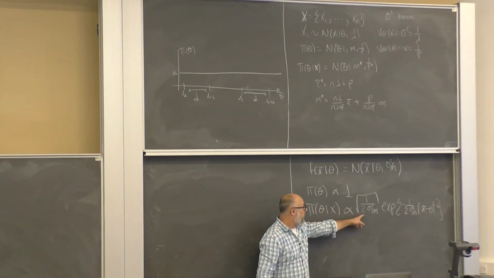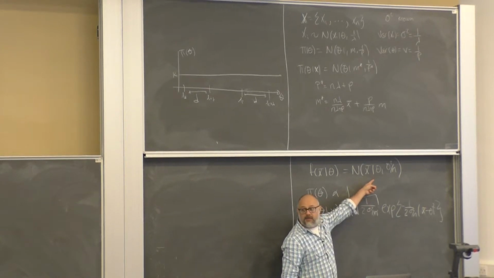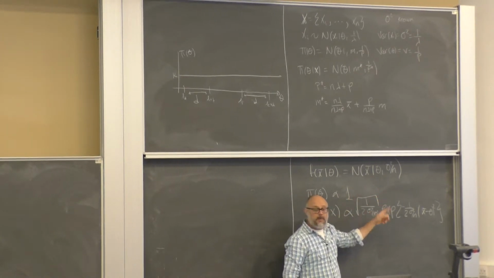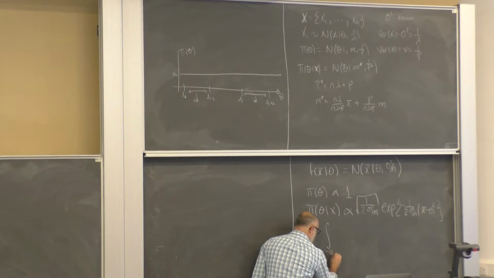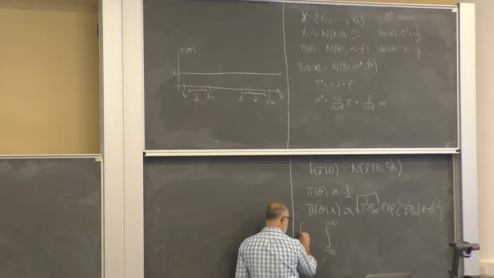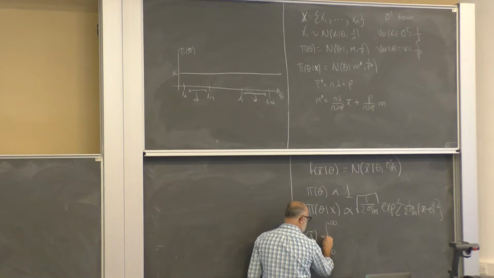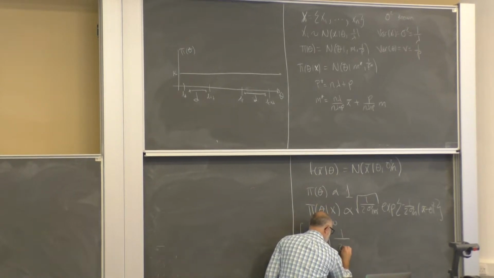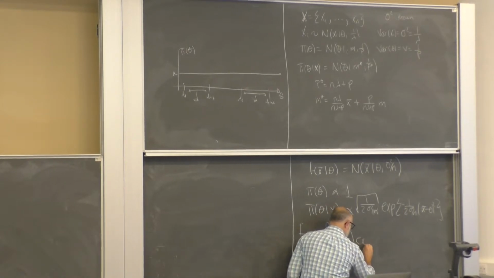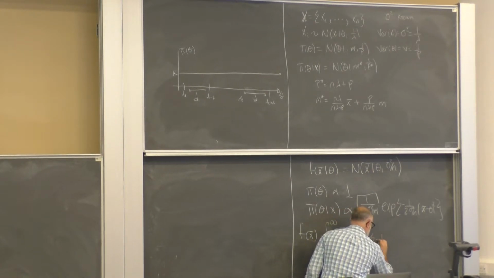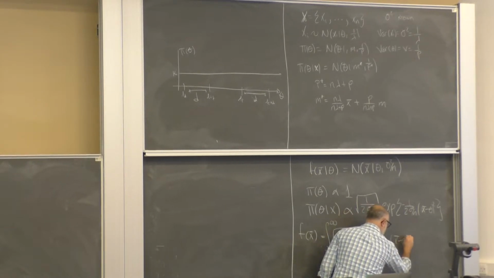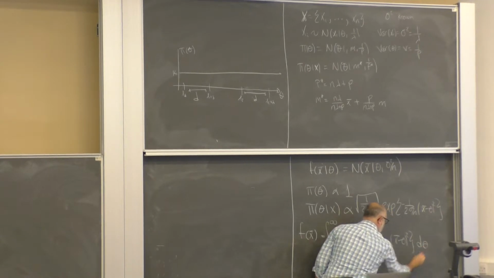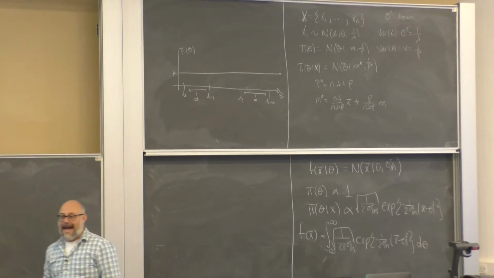So the posterior distribution will be just proportional to this sampling distribution, right? Now, in order to make it a probability distribution, I would need to integrate from minus infinity to infinity. So this will be f of x bar in this case. I would need to integrate that with respect to theta.